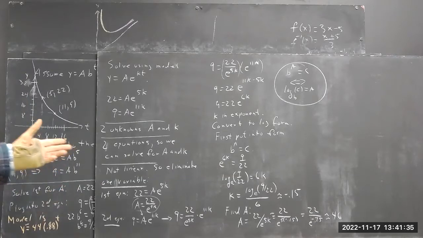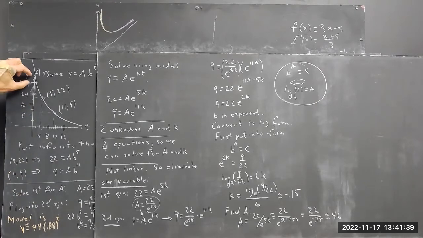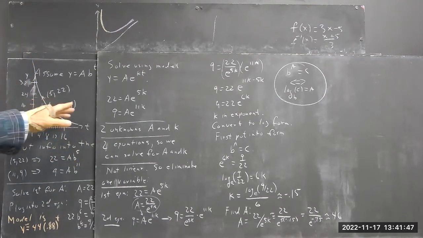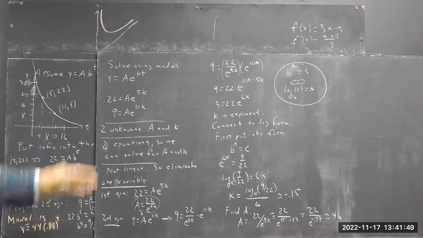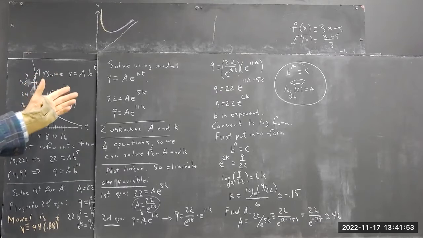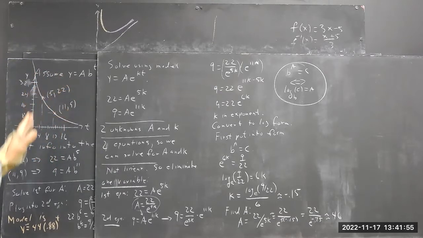Or is it consistent with a graph with a y-intercept in the 40s? Well, that y-intercept looks more like it's about 36 when it ought to be 46. That's just because the curve is a little steeper and at this point might be a little too far to the left. Graph gets pretty steep up there. It's a little hard to accurately approximate where something that steep intersects that vertical line.